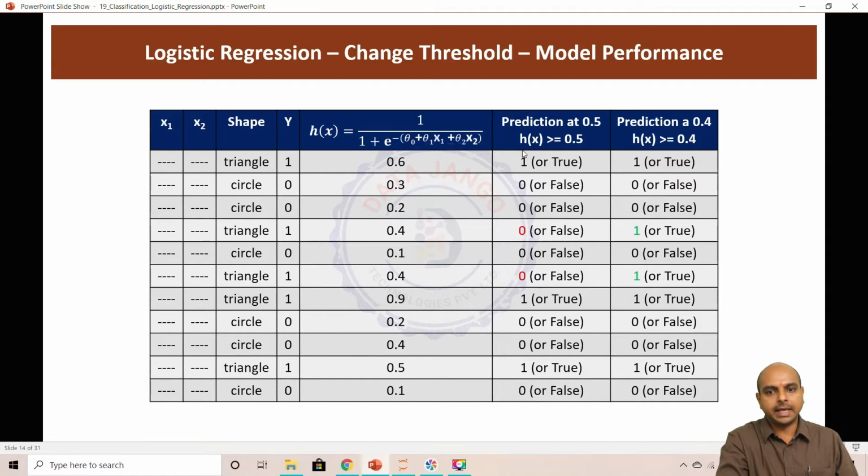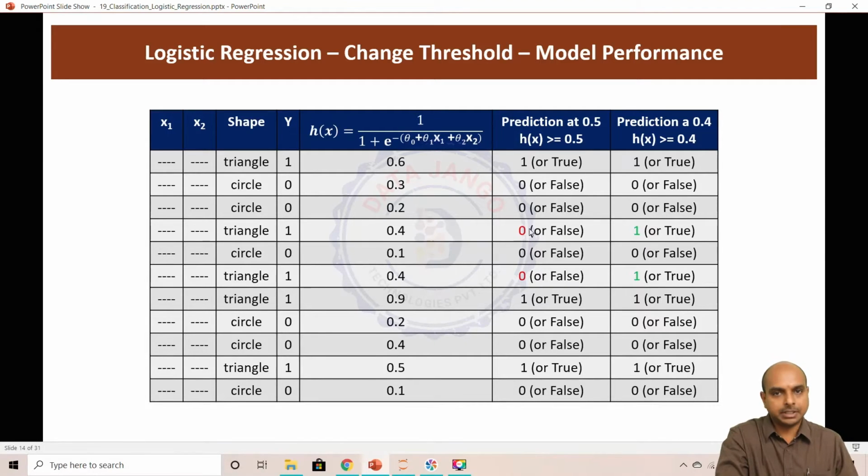So if you say h of x greater than or equal to 0.5, 0.6 greater than or equal to 0.5, that is true, we can consider it as 1. So the actual y value is 1, the predicted value is 1. 0.3 greater than or equal to 0.5, it is false, right? So it is going to be 0. So actual value is 0 and predicted value is 0.